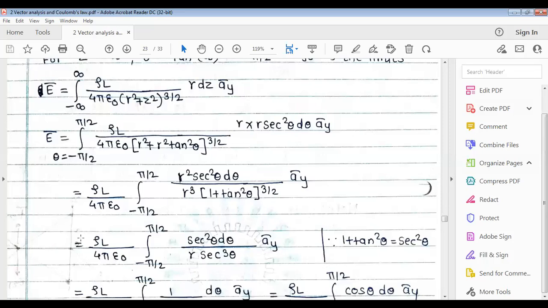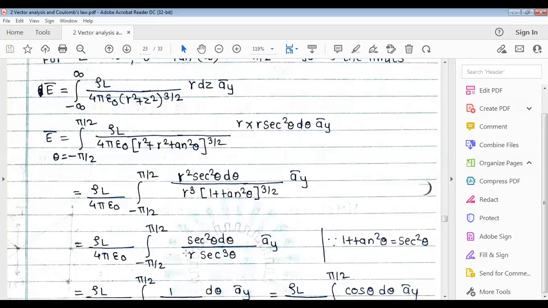Okay, then it is equal to rho L upon 4 pi epsilon 0 constant, integration from minus pi by 2 to plus pi by 2. Then this r square divided by r cube means in denominator only r will be there.